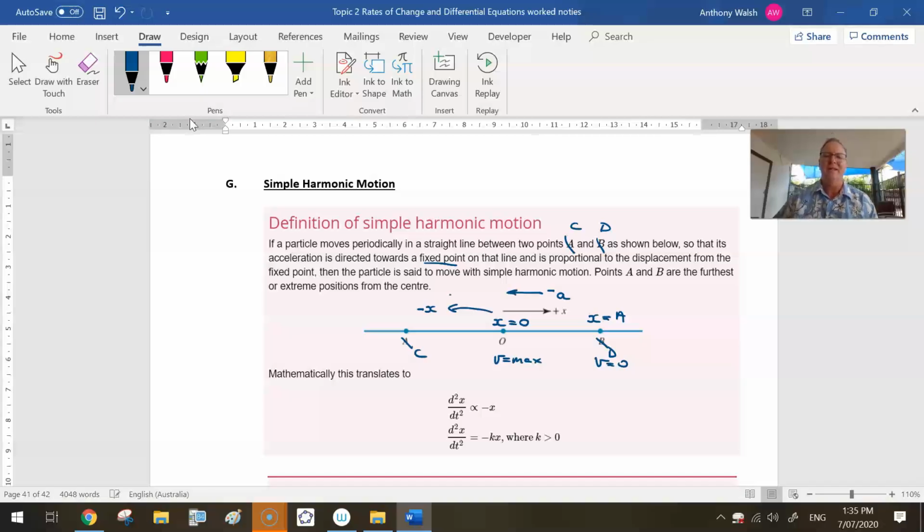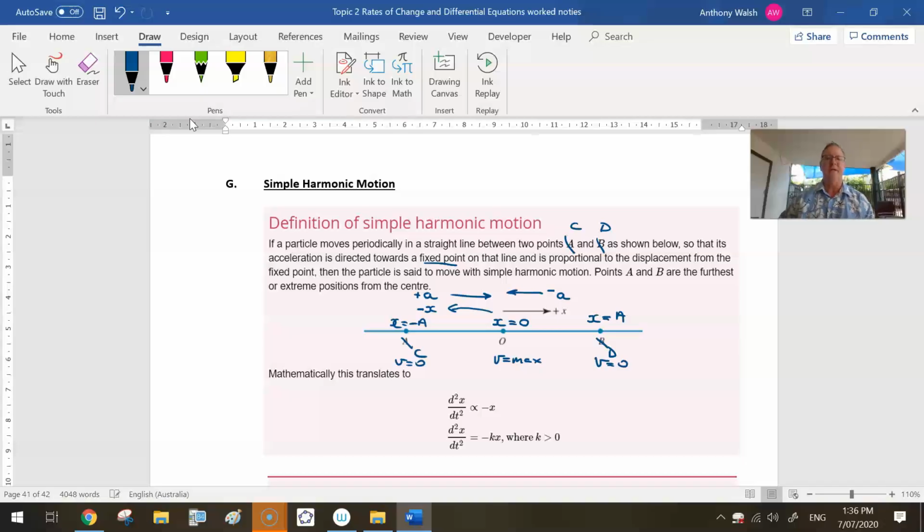So again, the acceleration in that case would be moving in the opposite direction to the displacement, so in that case, it would be a positive direction. By the time it gets to C, its velocity again would have to be 0, because to be able to turn around and come back, its velocity must be equal to 0. And at the point C, its displacement would be negative A, where A is the amplitude.